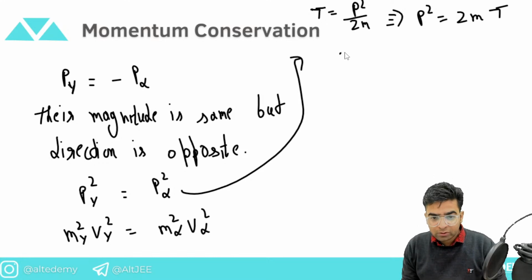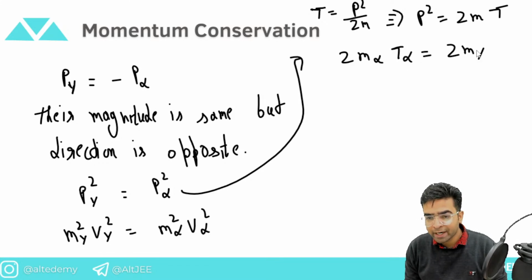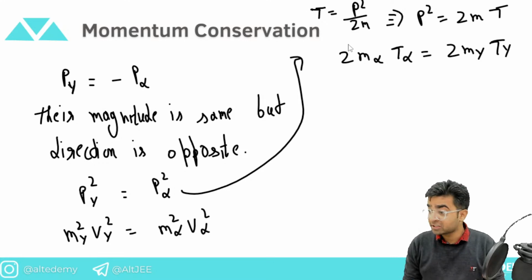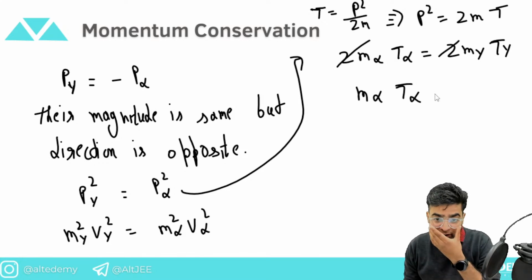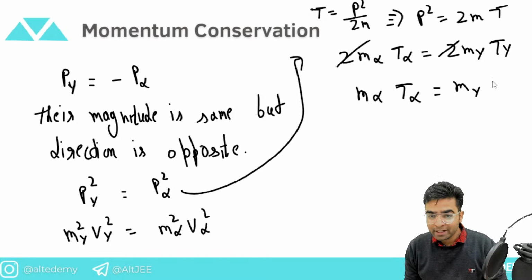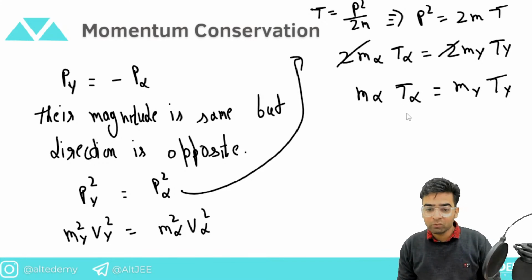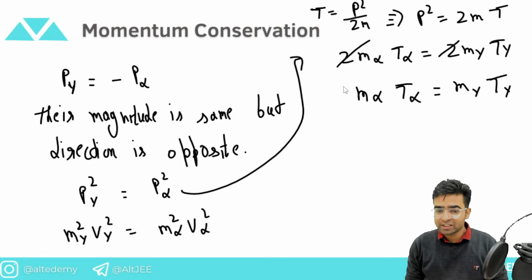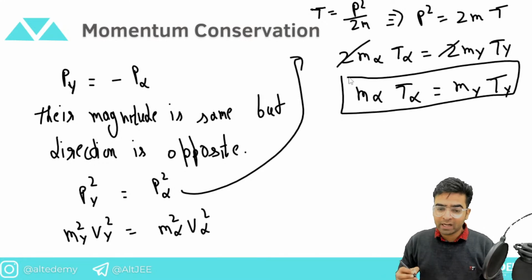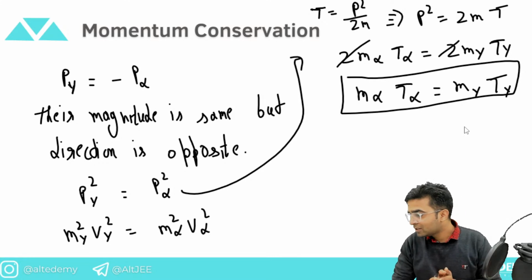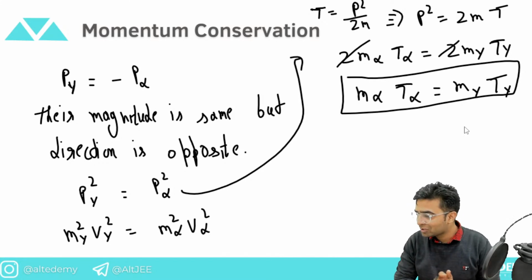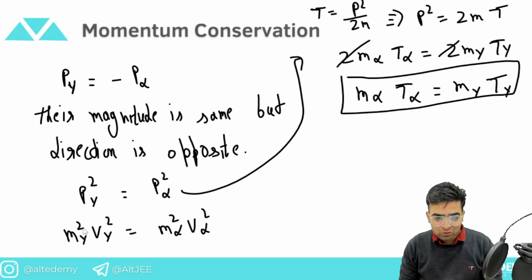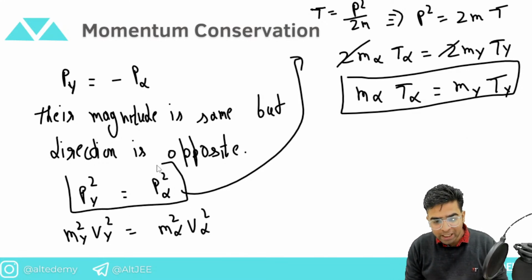So 2m alpha T alpha is equal to 2my Ty, where T is kinetic energy. The 2 cuts, so it can also be written as m alpha T alpha equal to my Ty. Thank you. It can be written in this form.